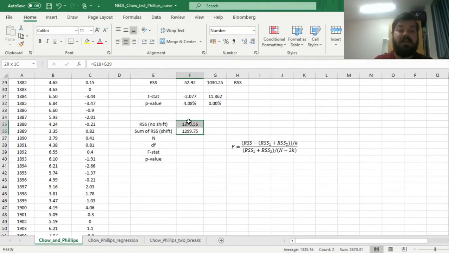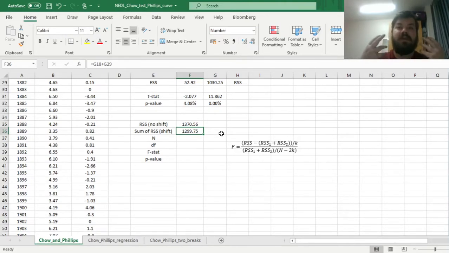And we can see that it's quite a bit lower, but that's no surprise. Well, if you include more parameters into your model, or you estimate your model on various subsamples, your total residual squared sum cannot increase. It can stay the same or be reduced.